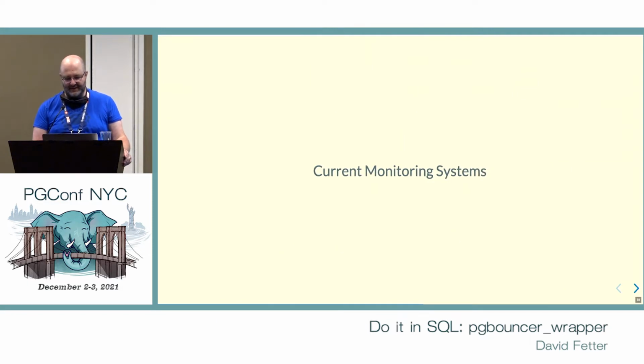So I'd like to talk a little bit about the current sort of monitoring and control systems that we've got. They tend to look really great, at least they do when there's a small number of moving parts in the system.